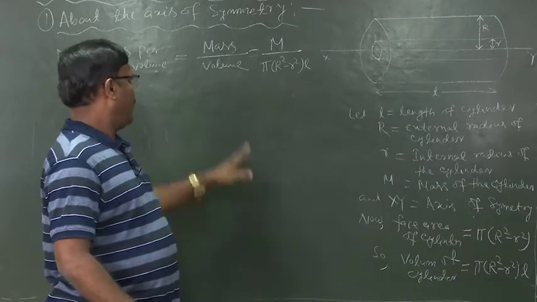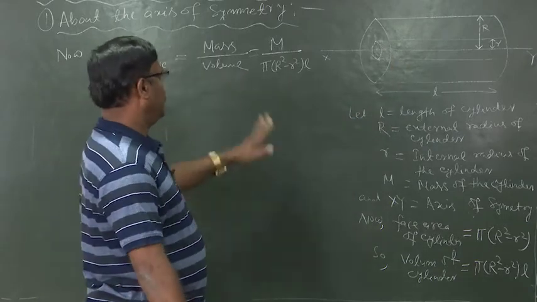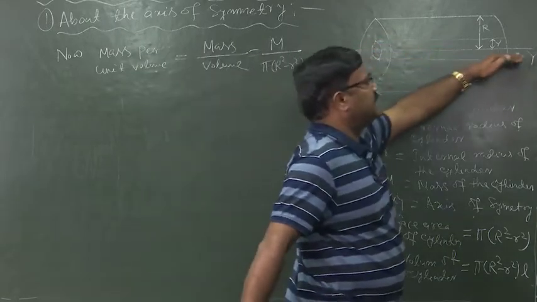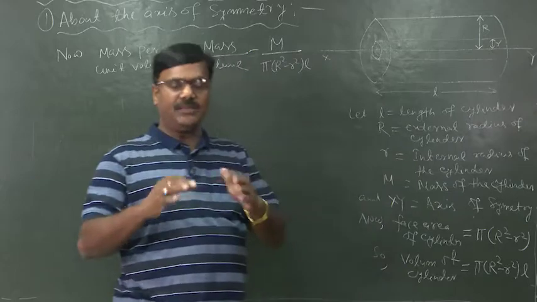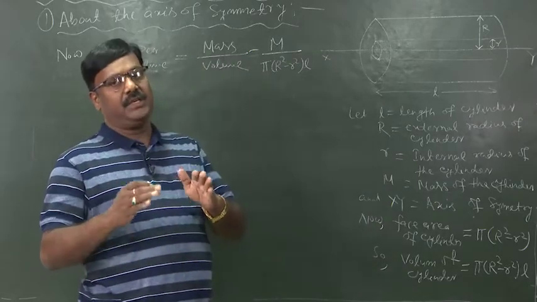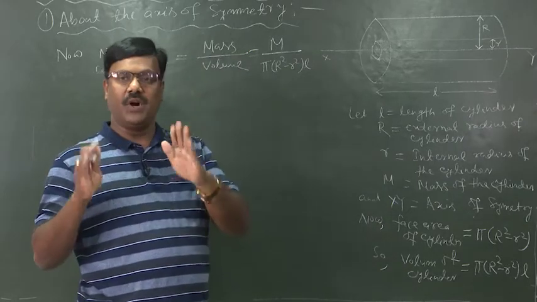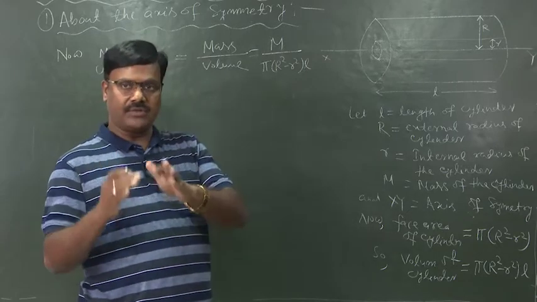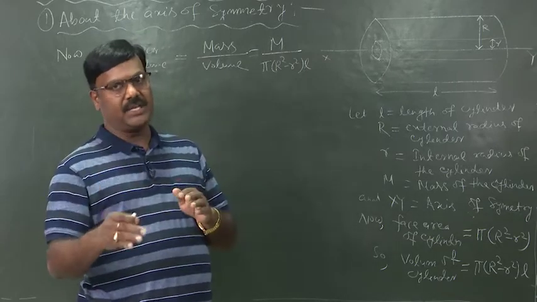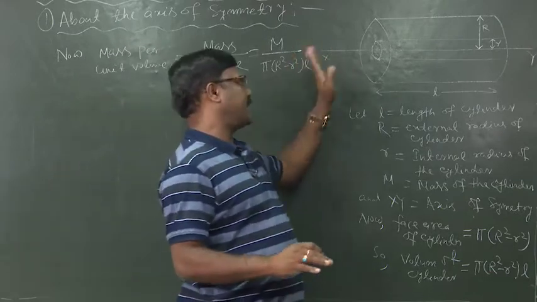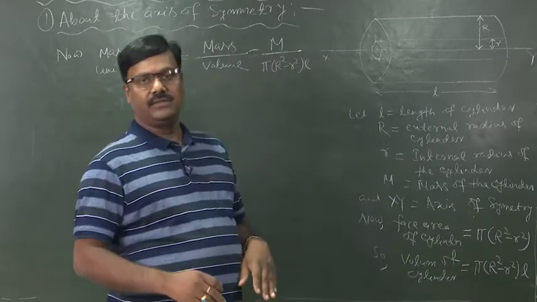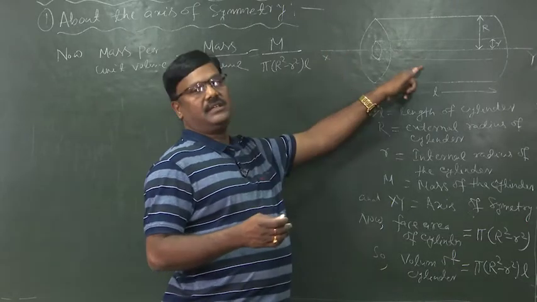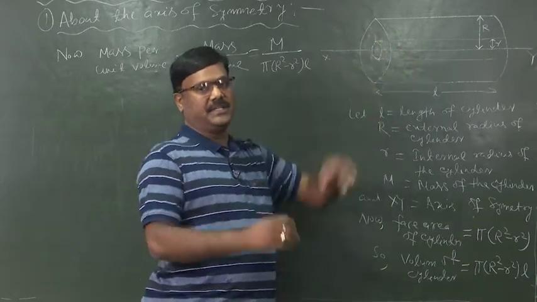Now, we have to find the moment of inertia of this cylinder about the axis XY, which can be obtained if we consider a small element of the cylinder, first calculate the moment of inertia of that element about this axis, and then find the total moment of inertia of this cylinder about the axis of symmetry.